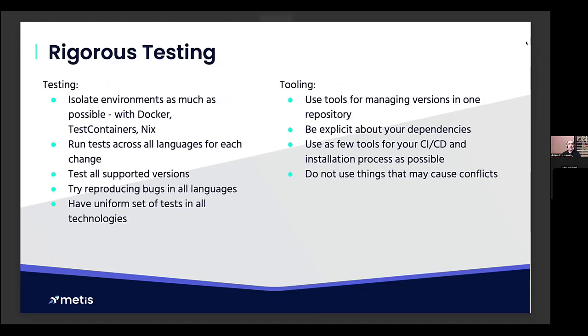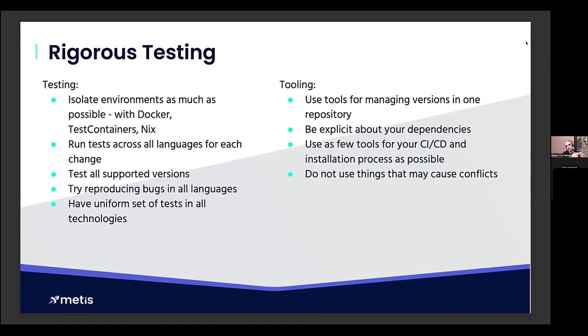And the answer to that is generally you always need to support all those versions with completely isolated testing, and you should test everything across all the languages. So what we would like to do is start with having isolated environments as much as possible so they can't affect each other. You should use something that can recreate the environment automatically: Docker, test containers, Nix, infrastructure as code, whatever else.